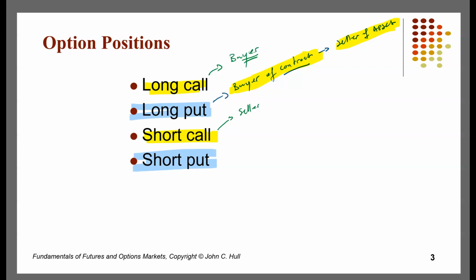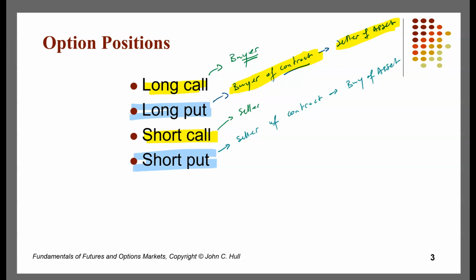The short put here will be the seller of the contract, and therefore the buyer of the asset at expiration, that is, if the option is exercised.